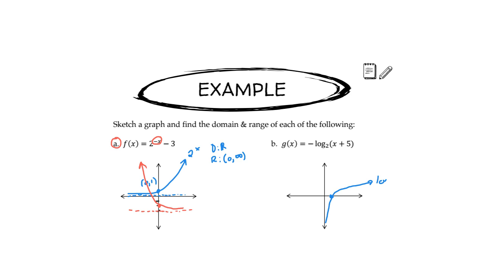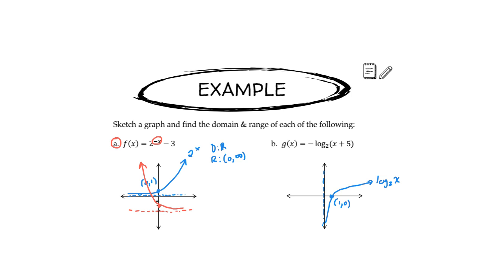This is log base 2 of x. This time, we have an x-intercept at (1, 0). And instead of a horizontal asymptote along the x-axis, we actually have a vertical asymptote along the y-axis. It tapers but never touches. And so our graph of log base 2 of x plus 5 will look a lot like this.